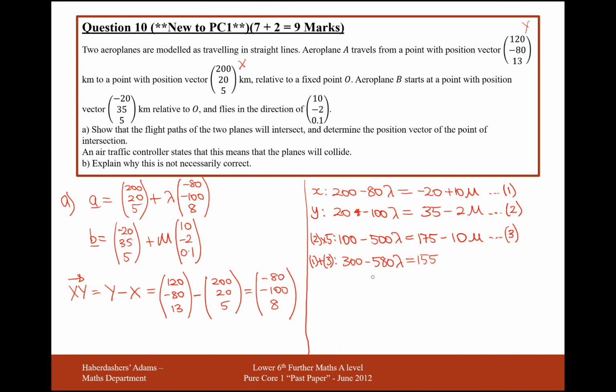So what I'm going to then do is take the 155 over to the other side and add the 580 over to this side, and then divide through by 580. Just quickly get my calculator out, and I will get lambda equals 1/4.